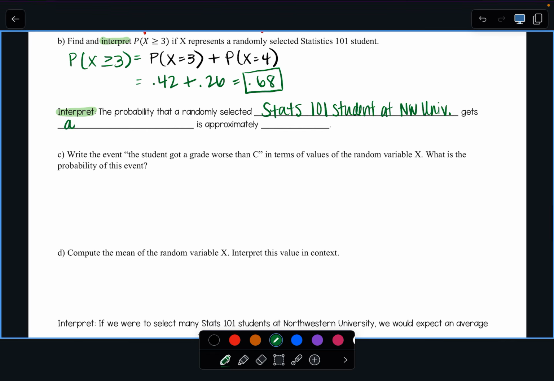I'm not necessarily saying this is them getting a 3 or higher. This 3 relates to them scoring a B. So I'm going to say a B or better. You can say higher in that case, but if I'm asked to interpret, they want you to put it into the context of the question. So in this case, it's a B, is approximately 68%.